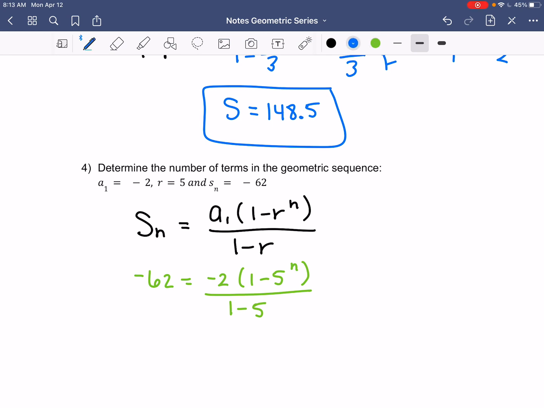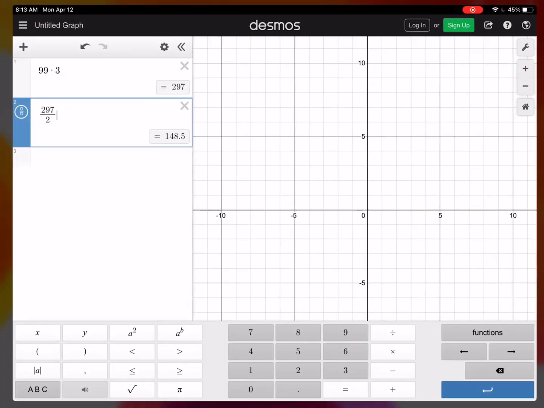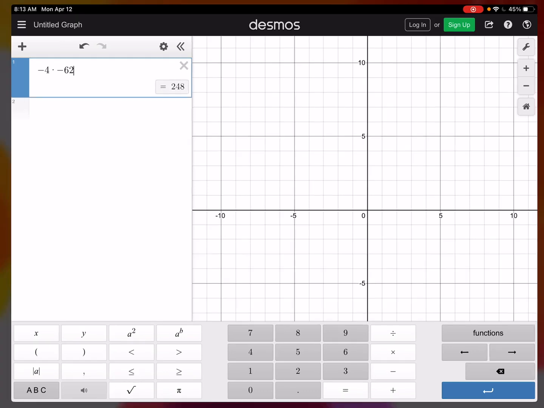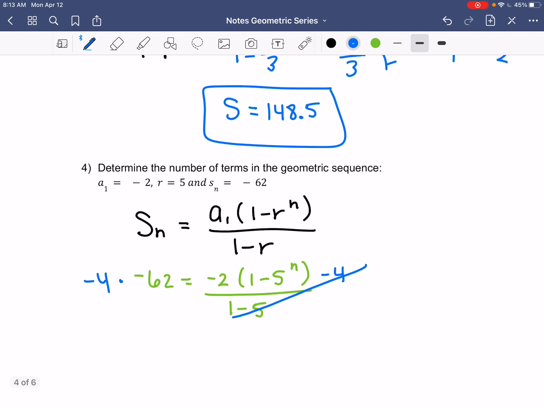So I'm going to start off with the denominator. 1 minus 5 is negative 4. So I'm going to multiply both sides times negative 4. Then I'm going to multiply negative 4 times negative 62, which is positive 248. So 248 equals negative 2 times 1 minus 5 to the power of n.